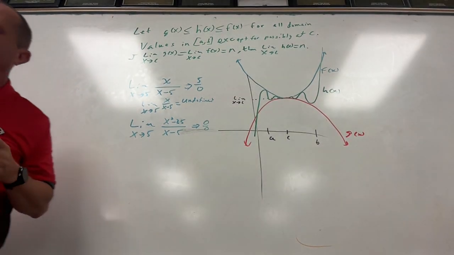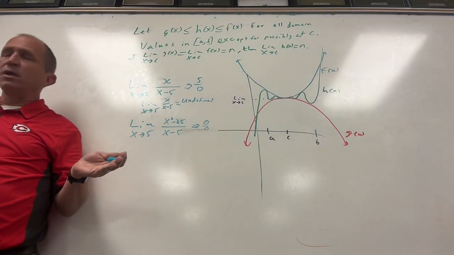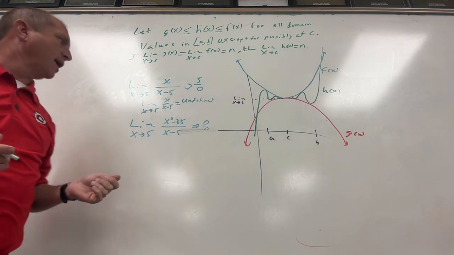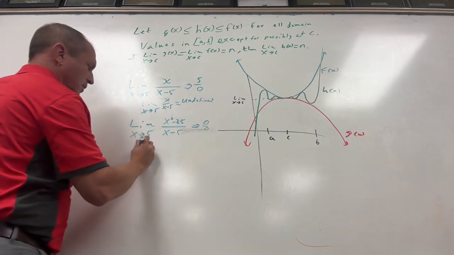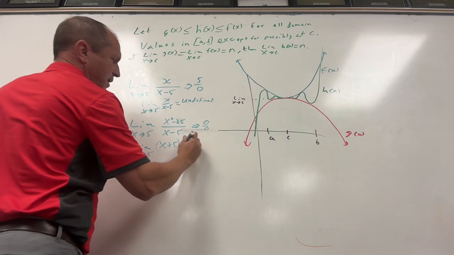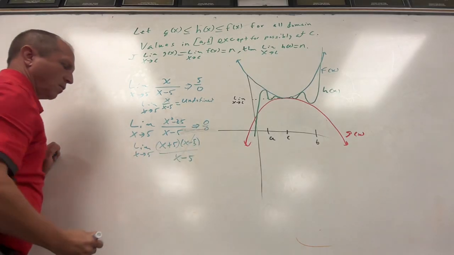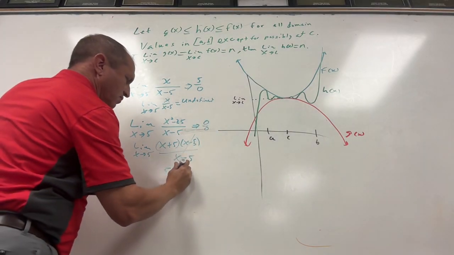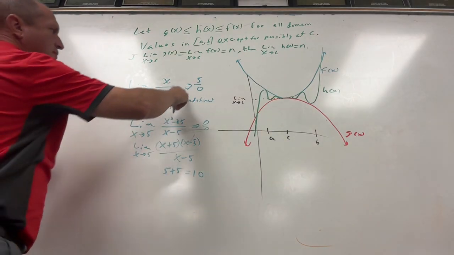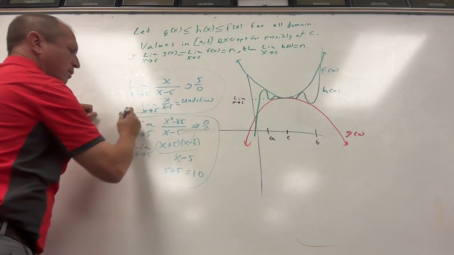And we mentioned that if we come across a limit problem where we end up with 0 over 0, then there is a chance that the limit does exist. We find this limit by saying this is x plus 5 times x minus 5 over x minus 5. The x minus 5's cancel, so we got 5 plus 5, which is 10. So the limit as x approaches 5 for this one was undefined. The limit as x approached 5 of this one was 10.